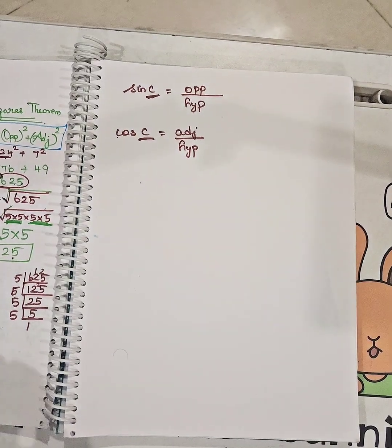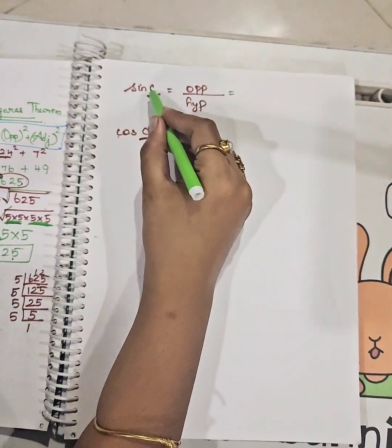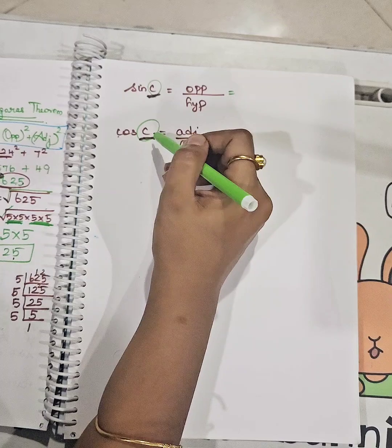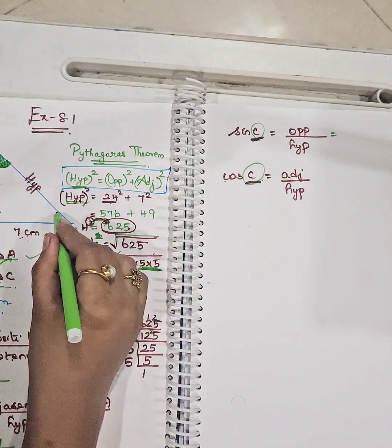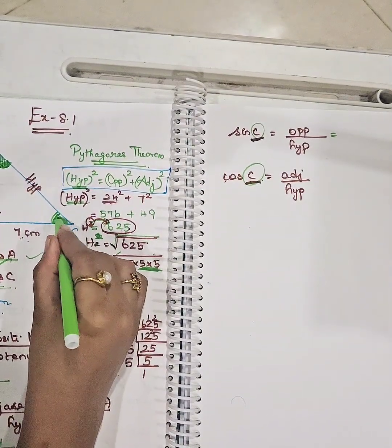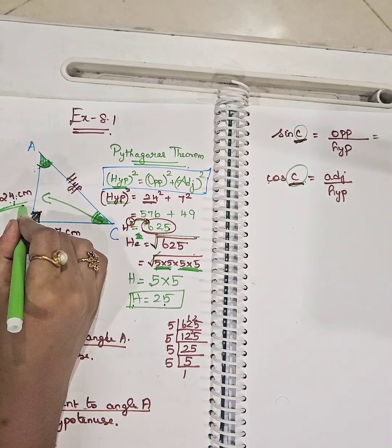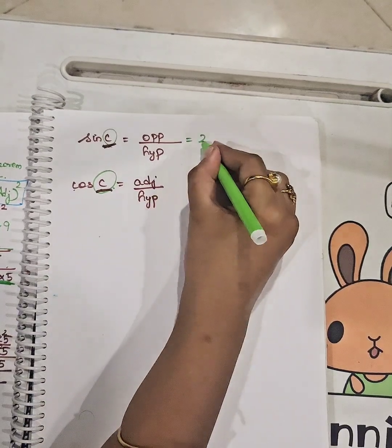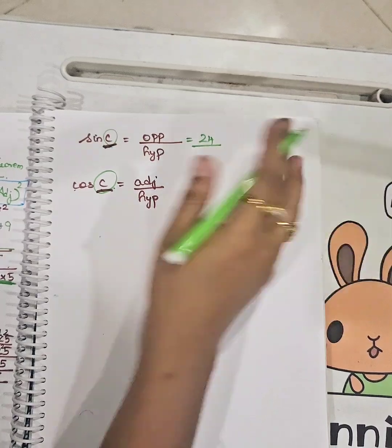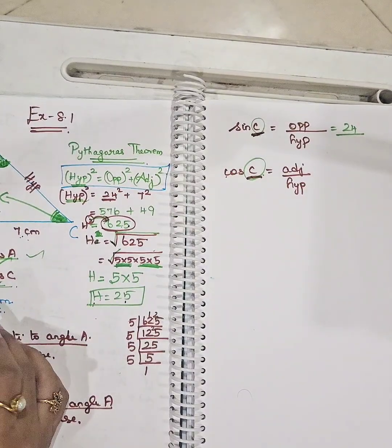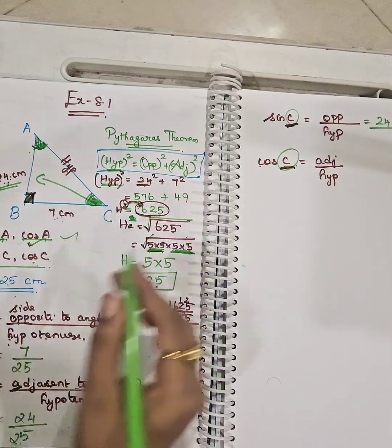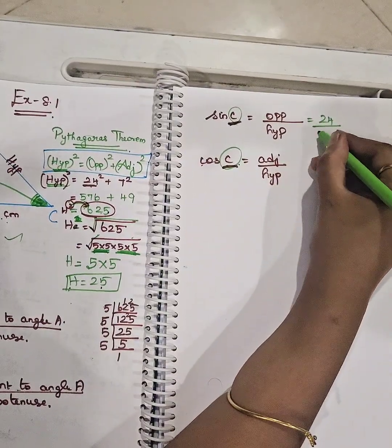Okay, students. So how to find the answer for this? Since it is angle C, where is the angle C here? Which is the side opposite to angle C? 24. So write 24 as the answer for opposite, and the hypotenuse is common, which we found here, 25.